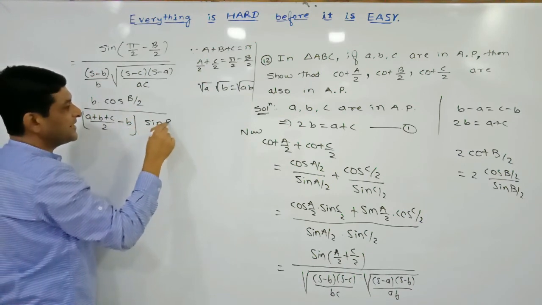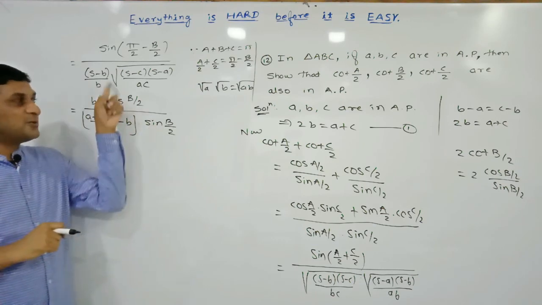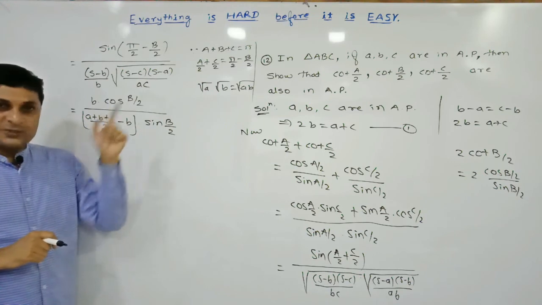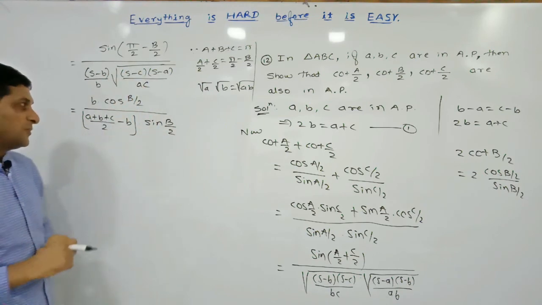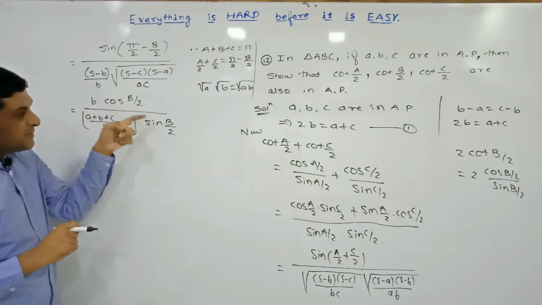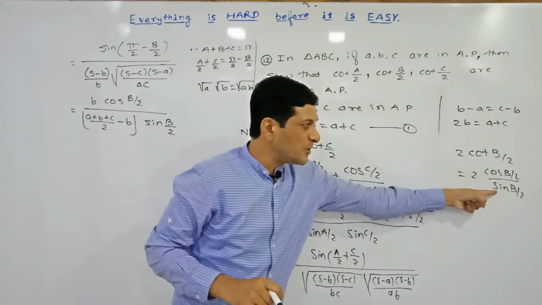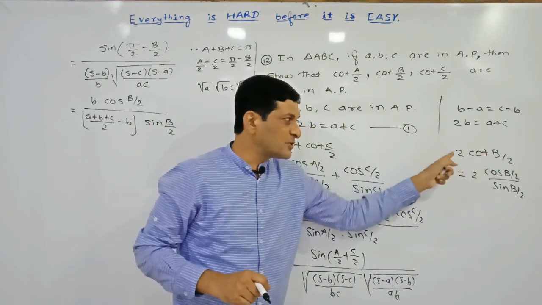Sine B by 2 according to the half angle formula. The value of sine B by 2 is equal to under root s minus c into s minus a upon ac. So this is the value of sine B by 2 according to the half angle formula. So here we have got cos B by 2, and in the denominator sine B by 2, which means cos B by 2 upon sine B by 2 will be equal to cot B by 2.